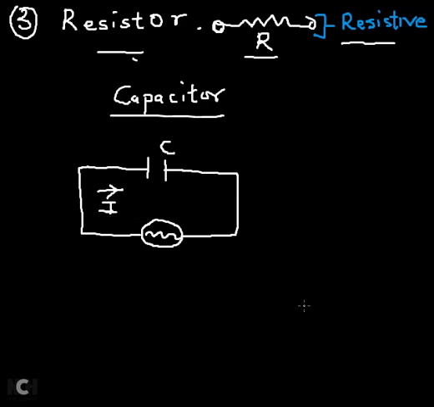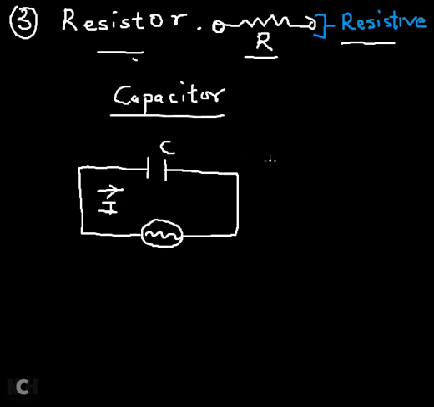Remember, an alternating current always has a phase. Either the phase is from the origin, where the phase angle is zero, or it has a phase angle that is not from the origin.